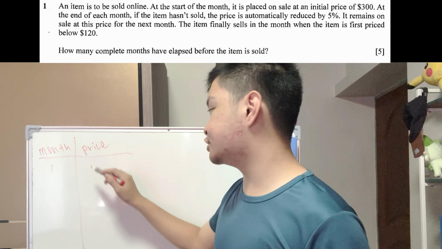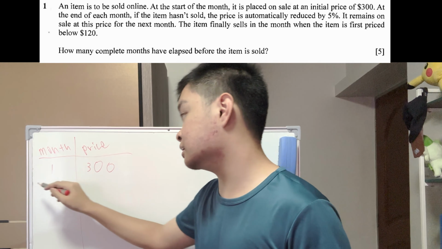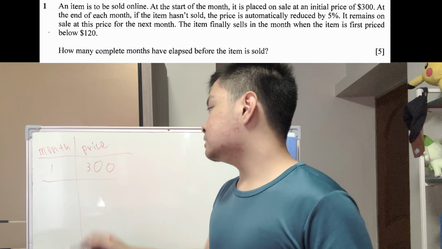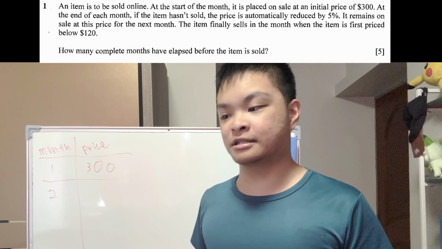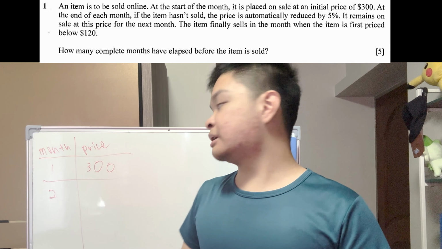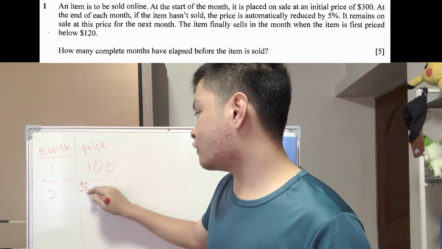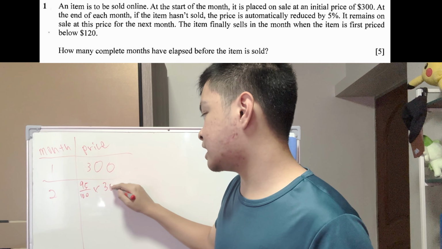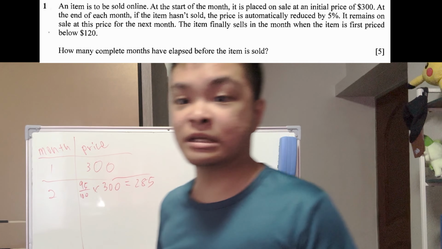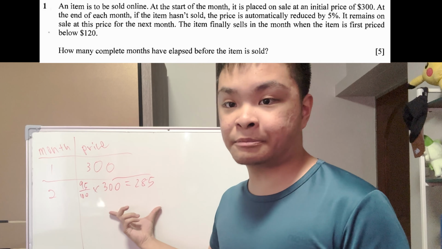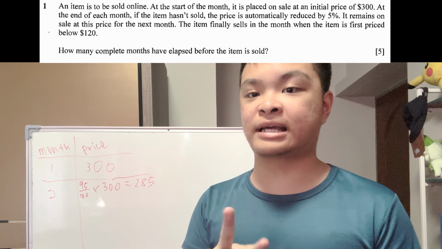It gets sold at its initial price of $300. Then at the second month, 5% of it gets deducted, and so we will now have 95 over 100 times 300, which is 285 if I am not wrong. Yeah, I'm correct. So this is the price of the item on the second month.